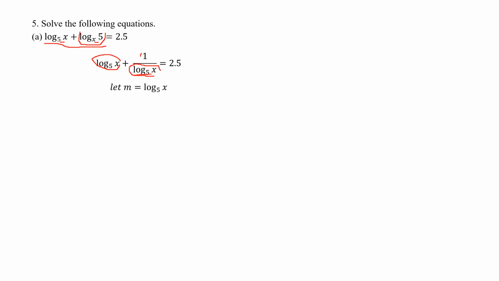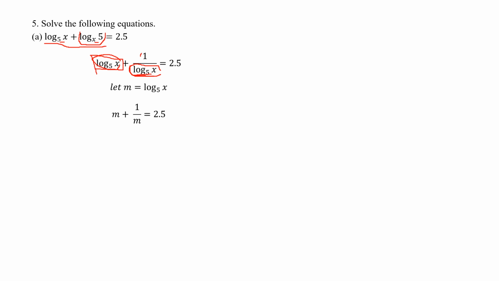So I let m be equal to the log of x base 5. So where there has been log of x base 5, I'm going to substitute it with the m. So that is m plus 1 over m is equal to 2.5.